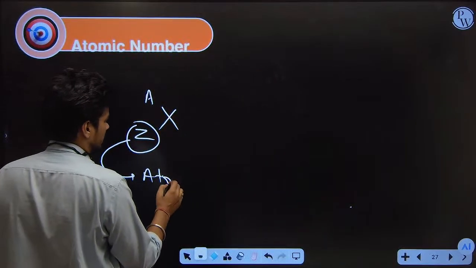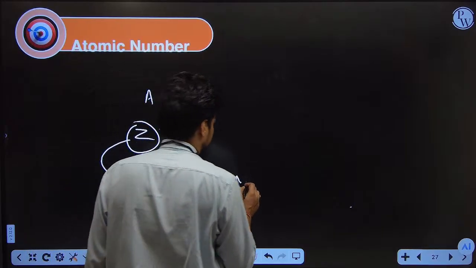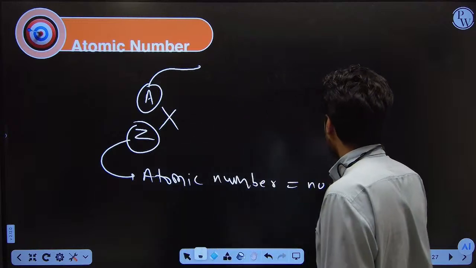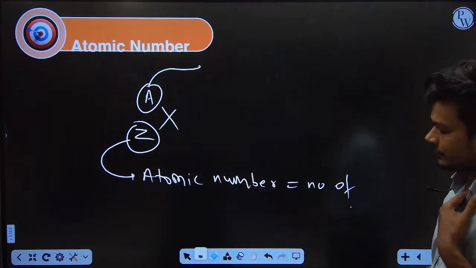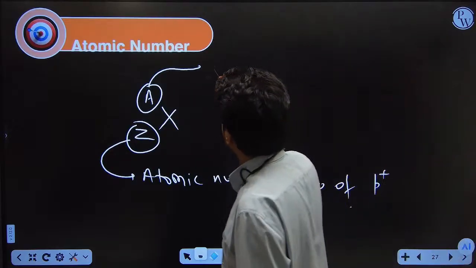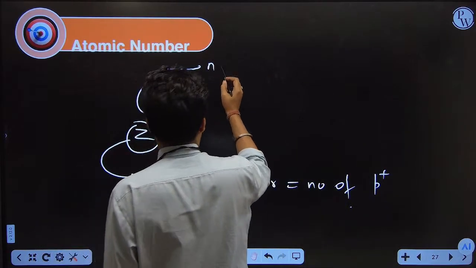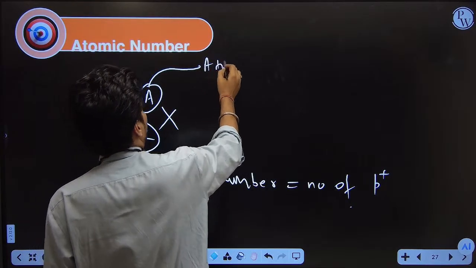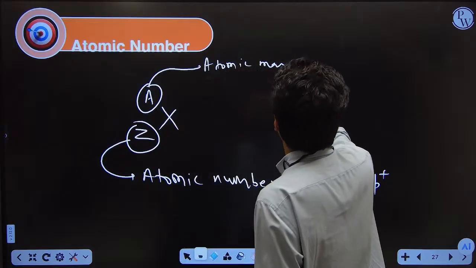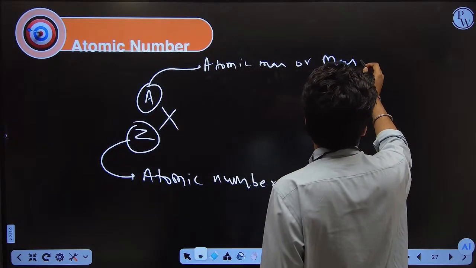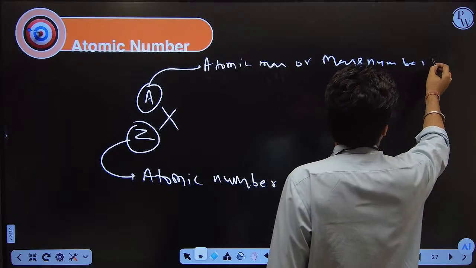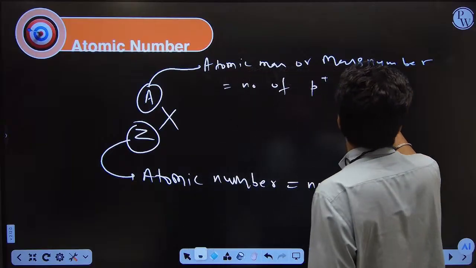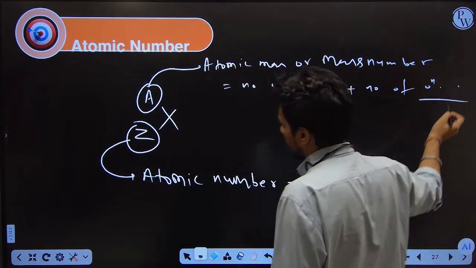Atomic number, which is equal to the number of electrons, protons, and this is what? Atomic mass or mass number, and this is equal to the number of protons plus the number of neutrons.